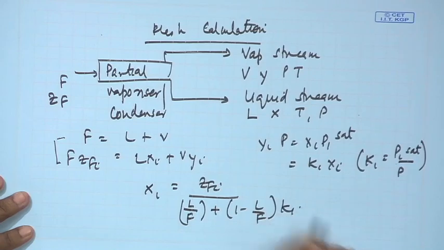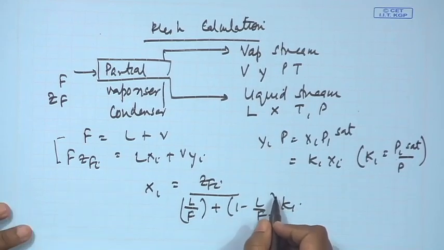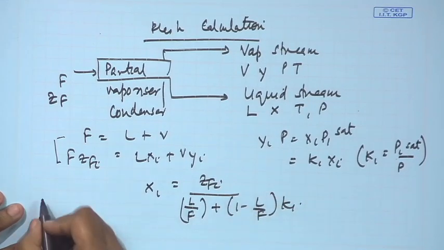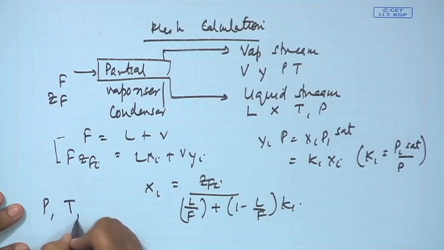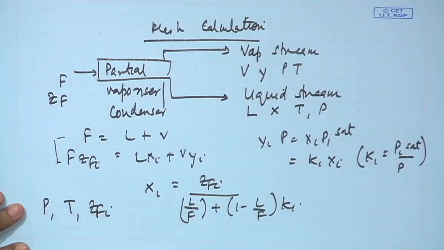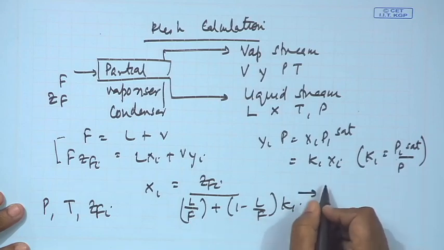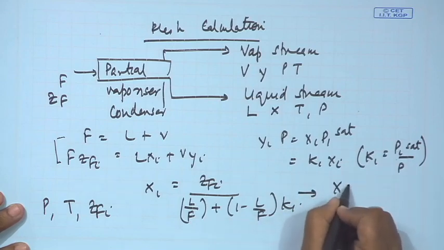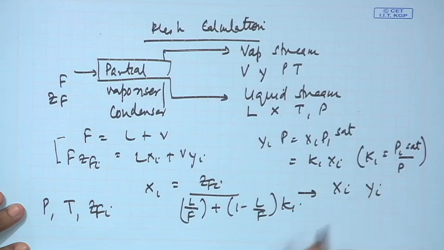So, in this particular case, usually what is known? We know pressure, we know temperature, we know the composition of the feed. And what are we required to find out? We are required to find out the composition in the liquid phase, the composition in the vapor phase, the amount of liquid formed, and the amount of vapor formed.